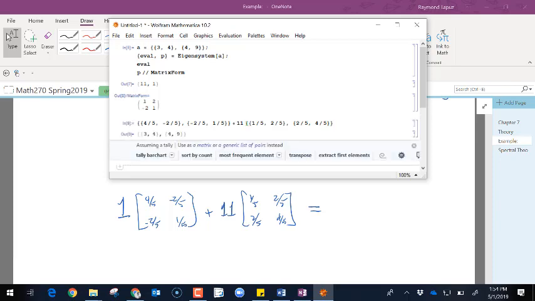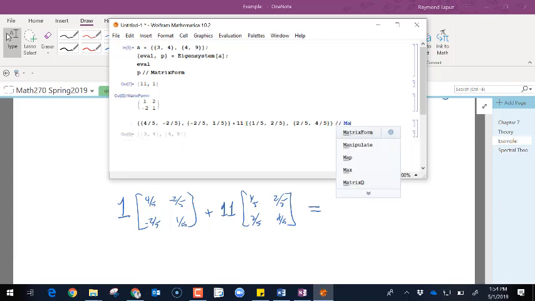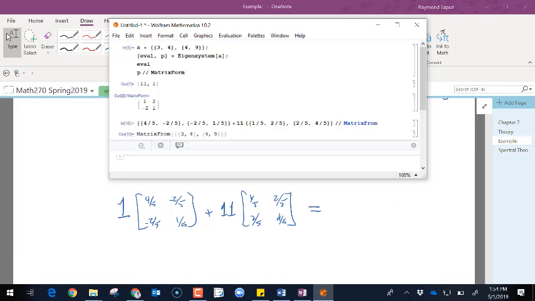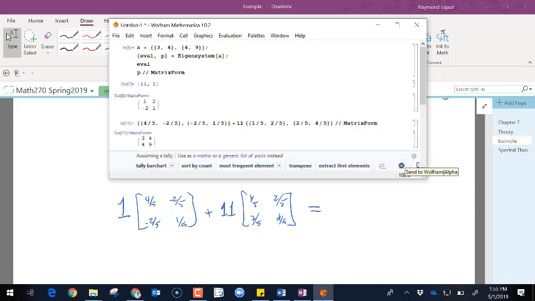Oh, I should put this in matrix form. So we get the same matrix as we started off with.